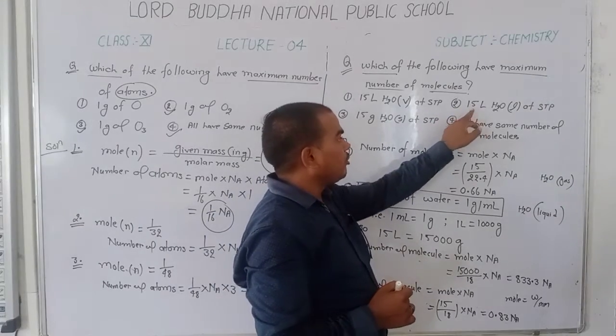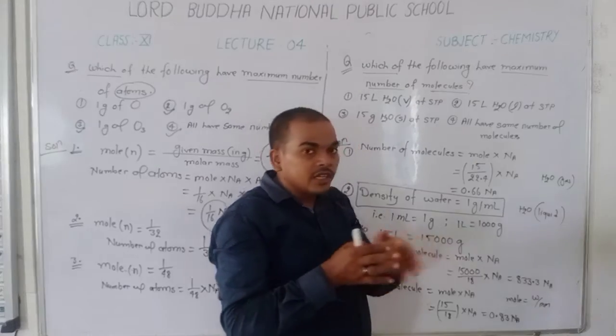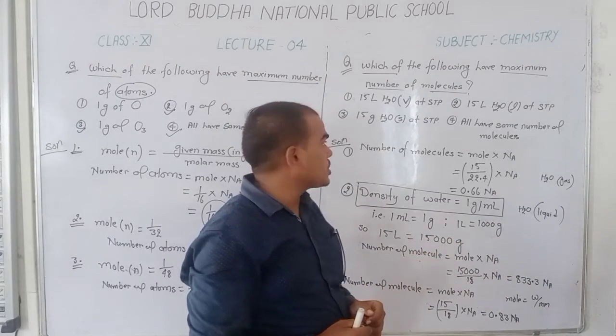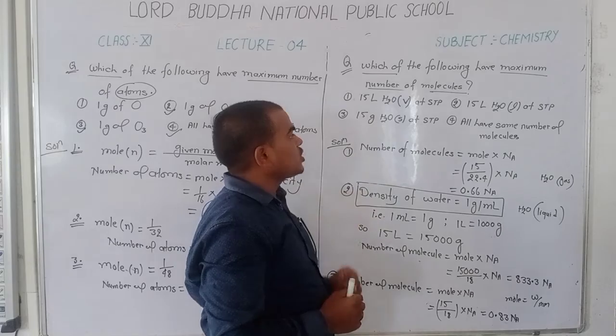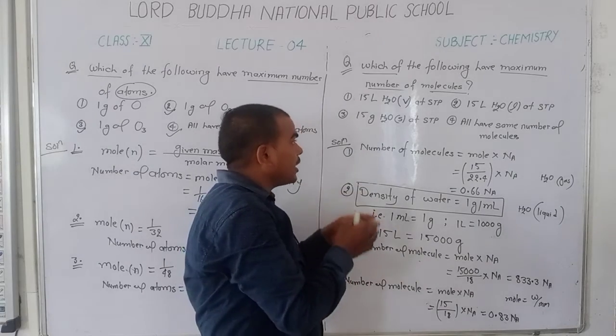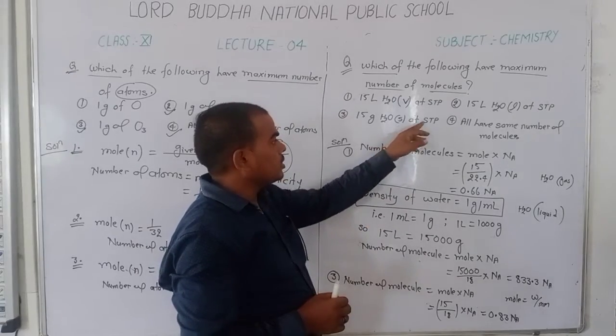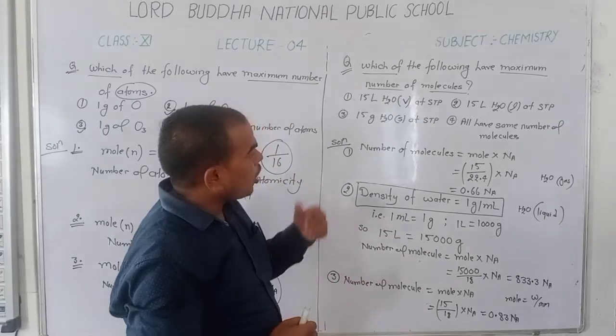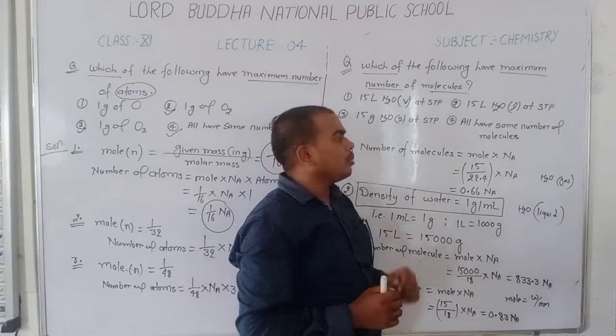Second option is 15 liter H2O that is liquid at STP. Third, 15 gram H2O, that is solid H2O at STP. Or all have the same number of molecules.